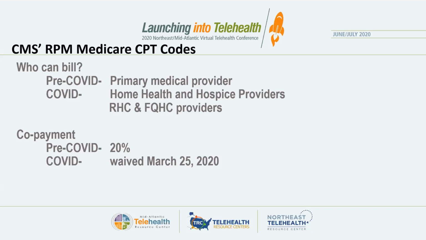If someone has COPD and their pulmonologist is the one primarily managing the COPD, then the pulmonologist can bill. If it is a patient that has multiple conditions, but they don't require a specialist at this time, it would be their primary care provider. And that can be a mid-level provider or an MD that can bill for those services.